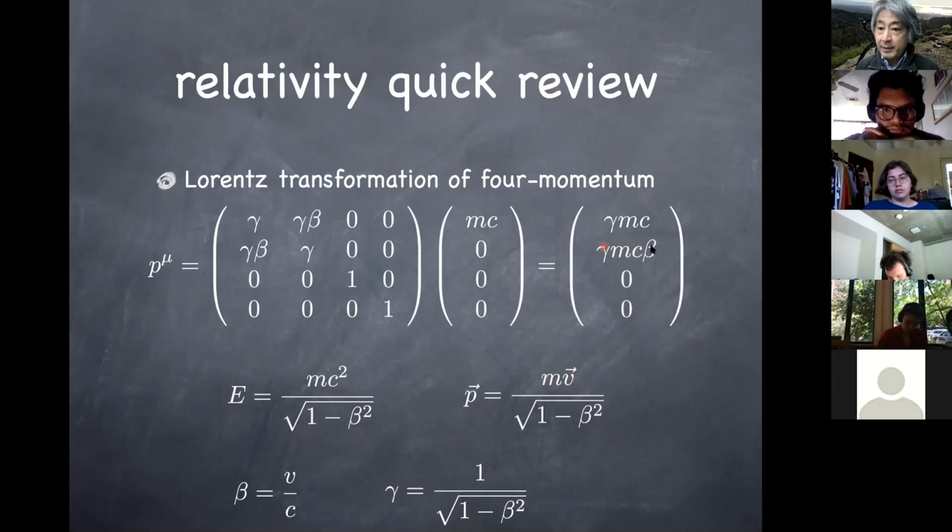And this is the case when the momentum is in the x direction. If it is moving in a general direction, this v, of course, becomes a v vector instead. So what you have upstairs is mv, and a factor of gamma that gives you this square root of 1 minus beta squared downstairs. And once again, when velocity is small, you can ignore beta squared downstairs and the momentum reduces to the familiar expression mv, which we learned in Newtonian mechanics.